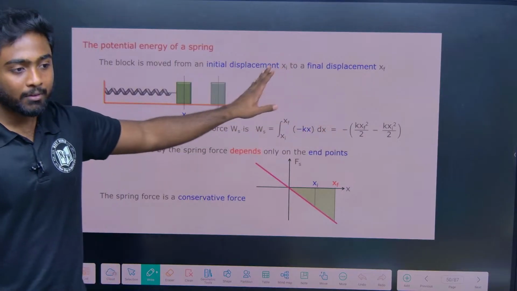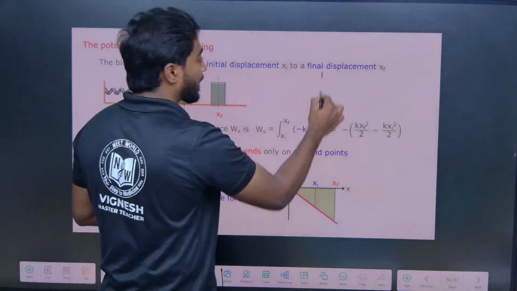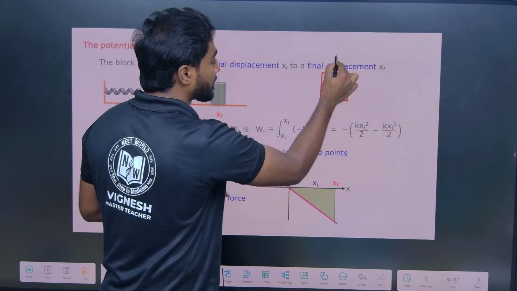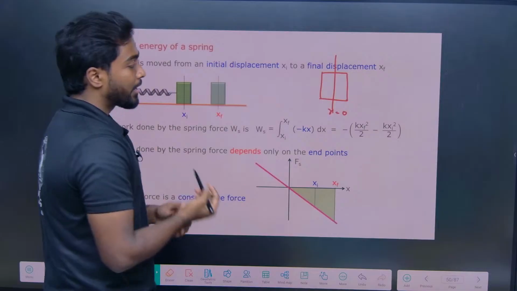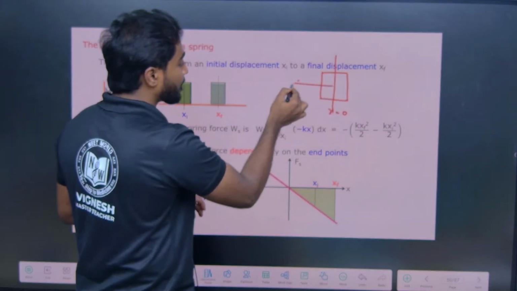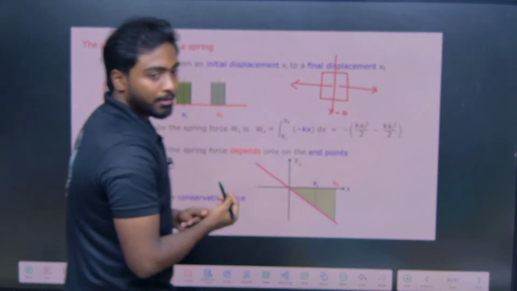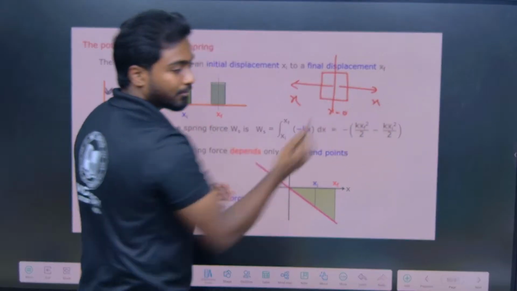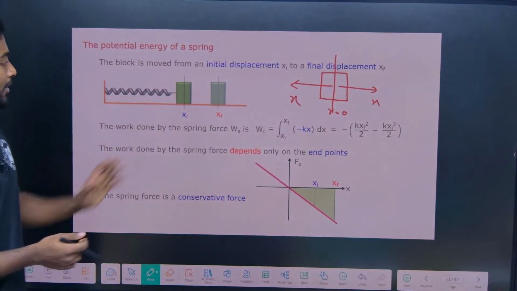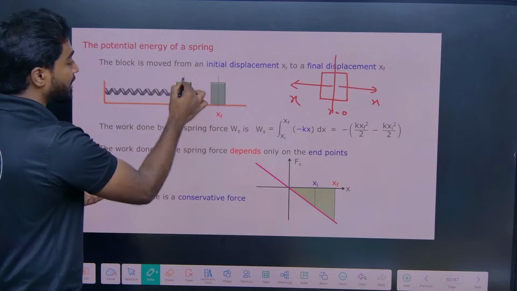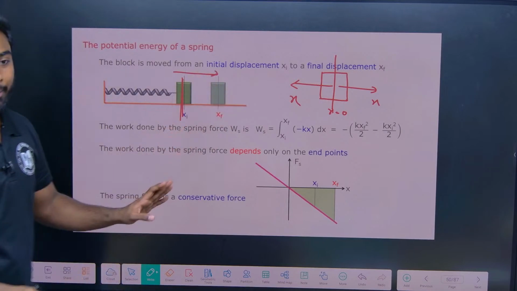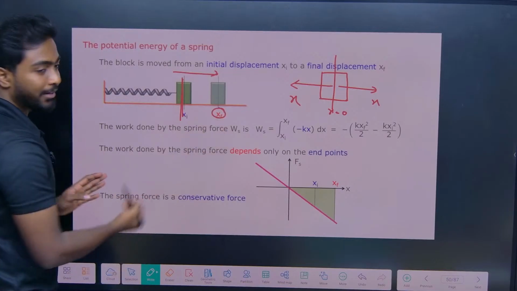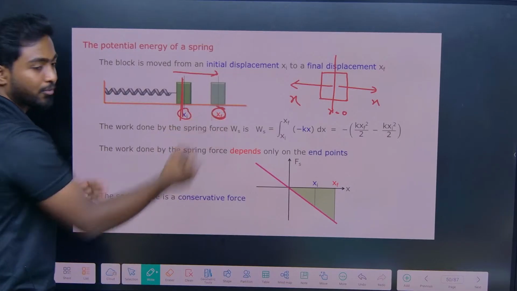It is the same thing as in the previous case, where the initial position was x = 0, and then either compressed or expanded by x. Now we have an initial displacement and a final displacement.